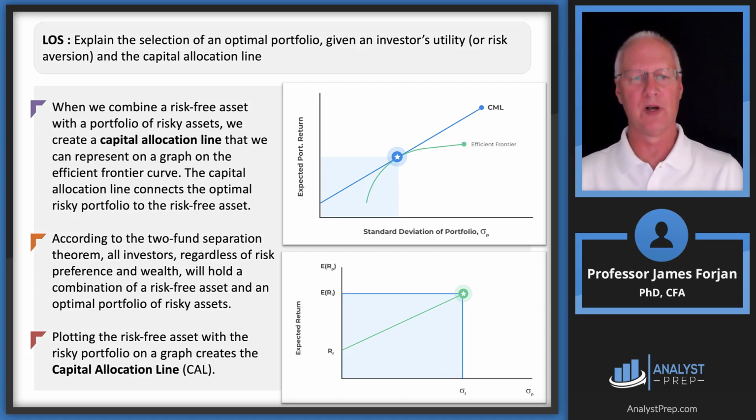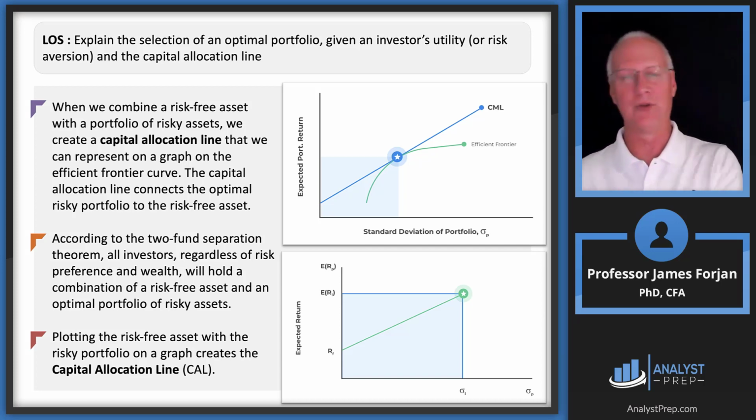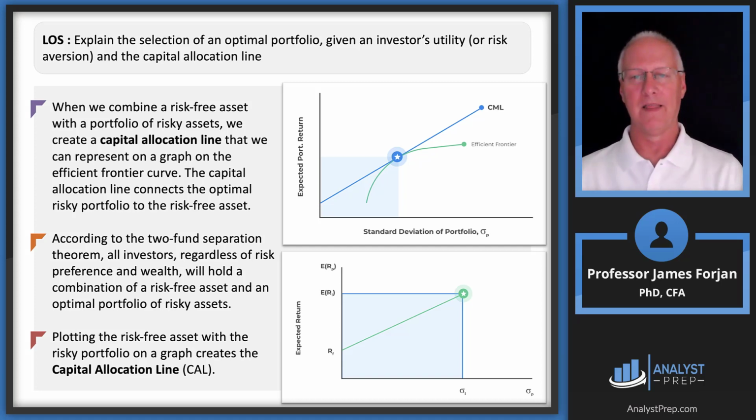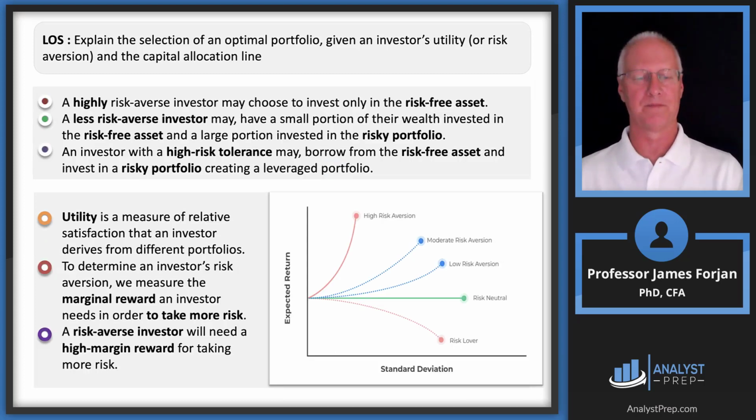According to the two-fund separation theorem, all investors, regardless of risk, will hold a combination of the risk-free asset and an optimal portfolio of risky assets. We'll do this at length when we get to Level 2: that optimal portfolio of risky assets is known as the tangent portfolio, and it's also the market portfolio.